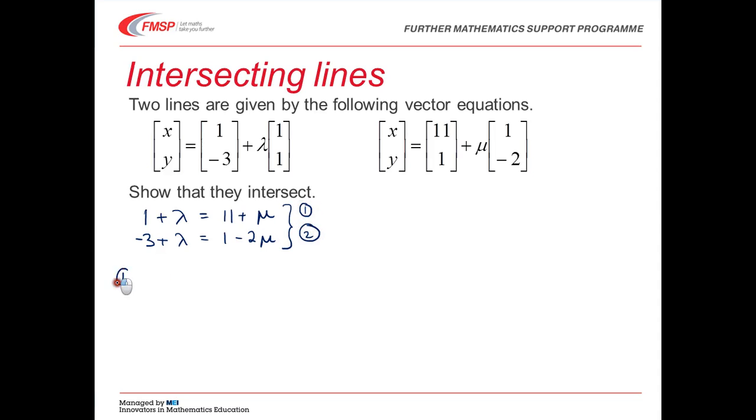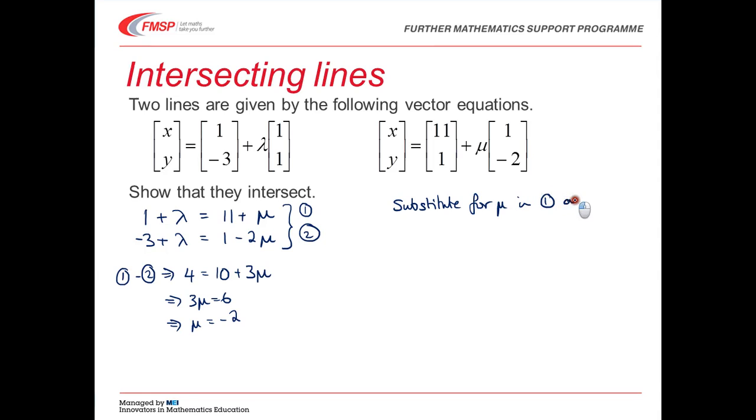If I do equation 1 take away equation 2, then I get 4 equals 10 plus 3 mu. And from that I get that 3 mu is minus 6 and mu is minus 2. I'm then going to substitute for mu in 1 and 2.